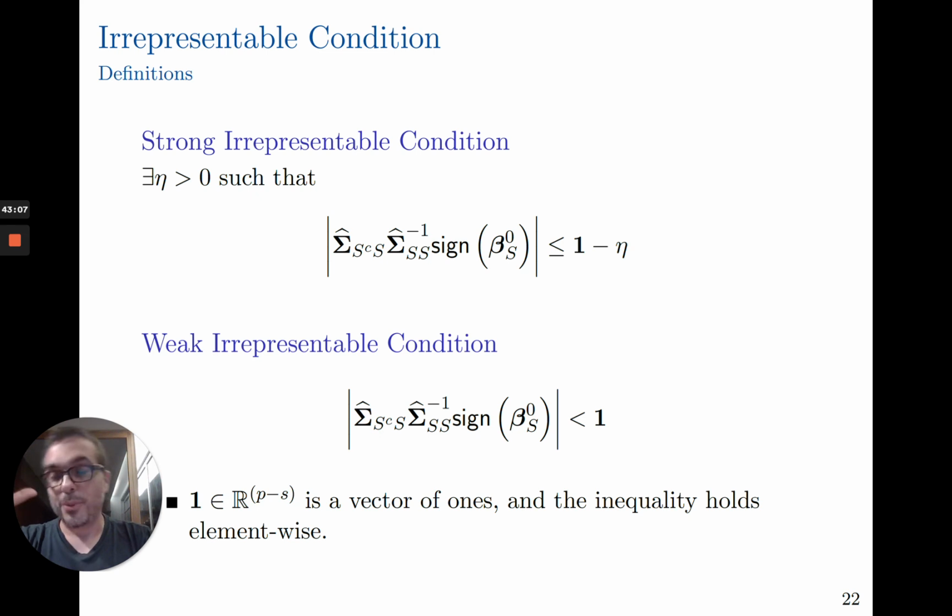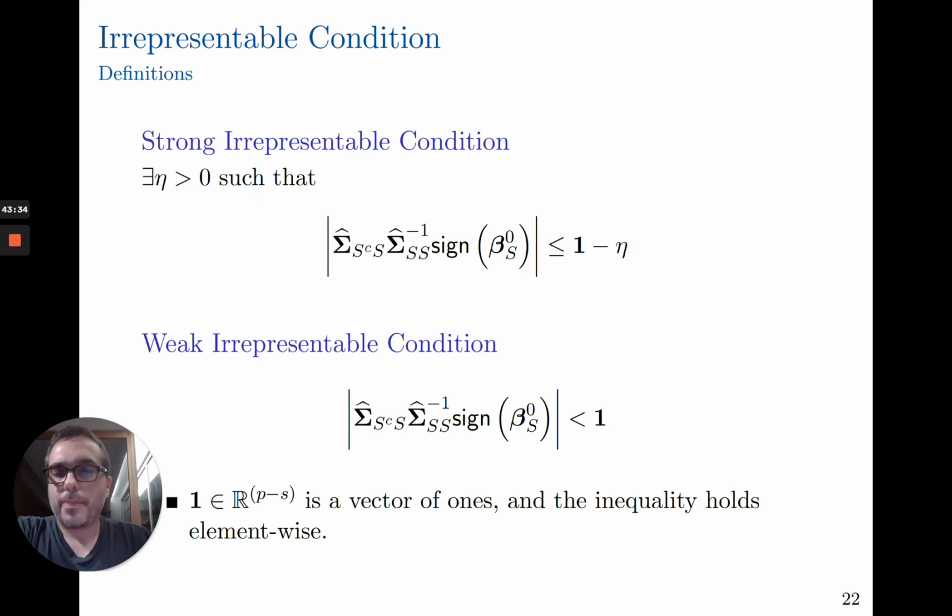Okay, so we want this. So we want to have a correct model selection. So we need something more, something that's stricter than the restricted eigenvalue. Okay, a stronger condition. And which condition is that? It's the irrepresentable condition. Okay, which translates into these bounds here.